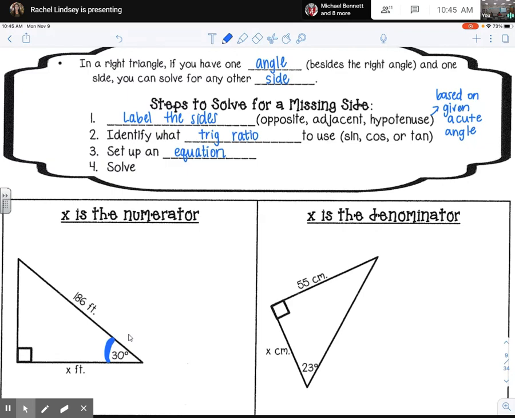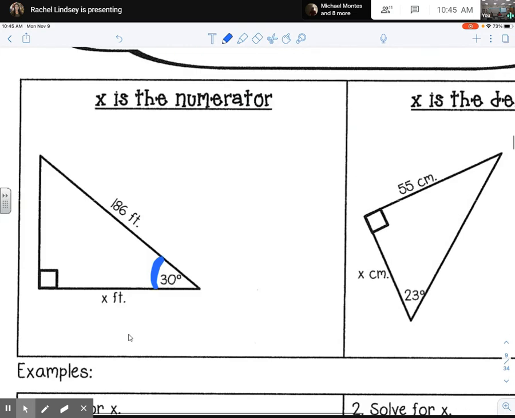So the x, is that adjacent, opposite, or hypotenuse? That's adjacent because it touches it. And then 186 is the hypotenuse. And then the blank side is the opposite side. But since it's blank, we're not really using it. So I can just mark it out or not label it, because we're not going to need it. So the only two letters we have here are A and H.